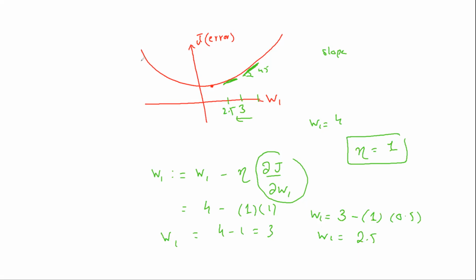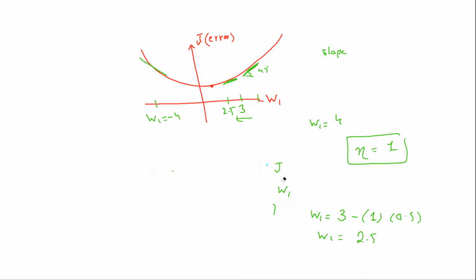On the other hand, suppose you started here, with W1 as -4. Let me erase the bottom part so that you don't confuse it with the previous text. So we start with a negative value of weight and we use this expression to update the value of weights.